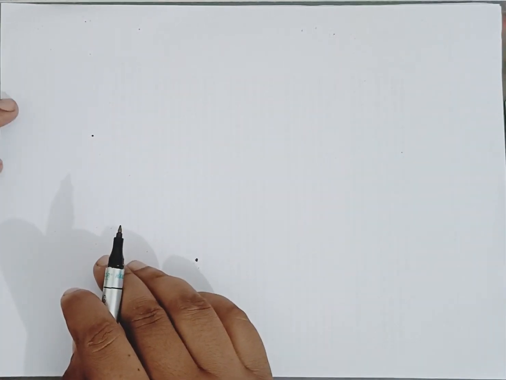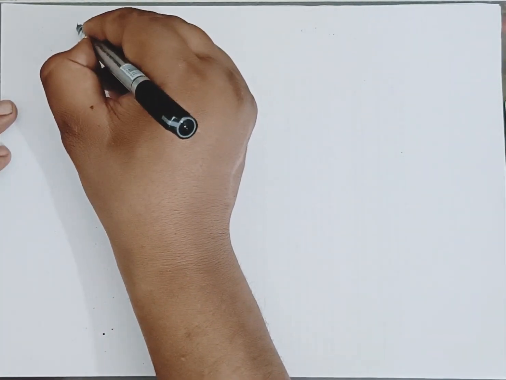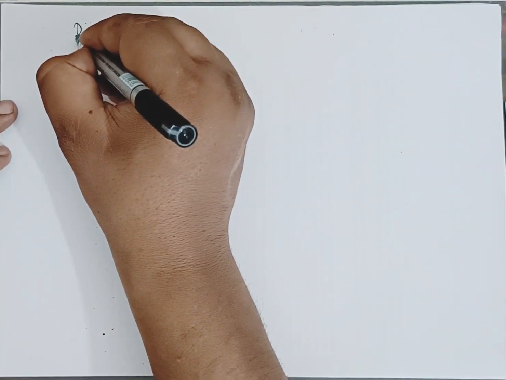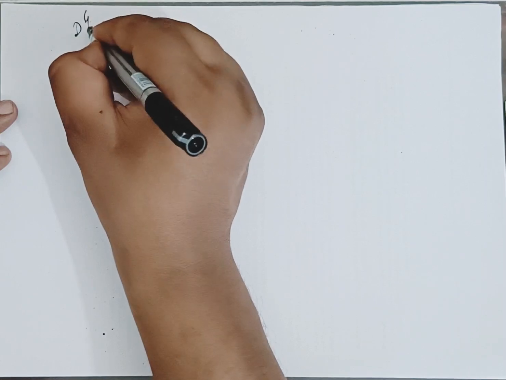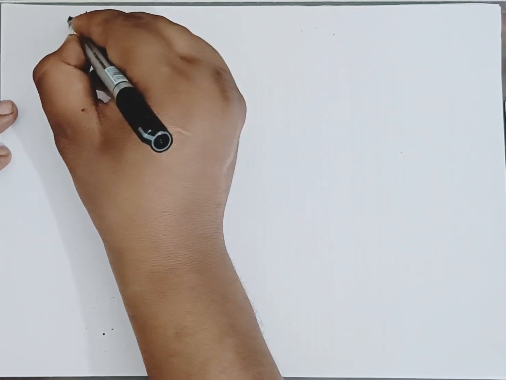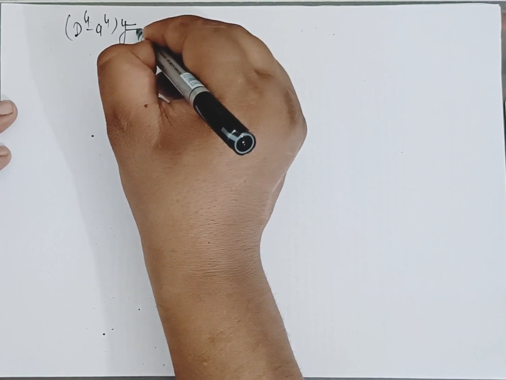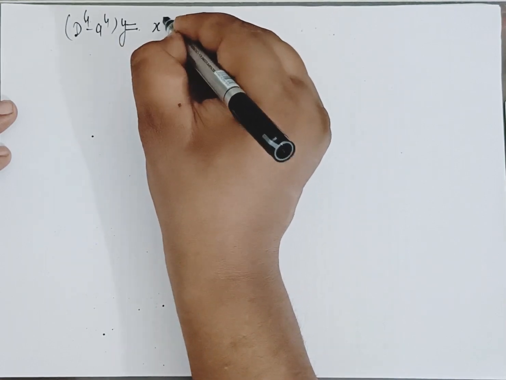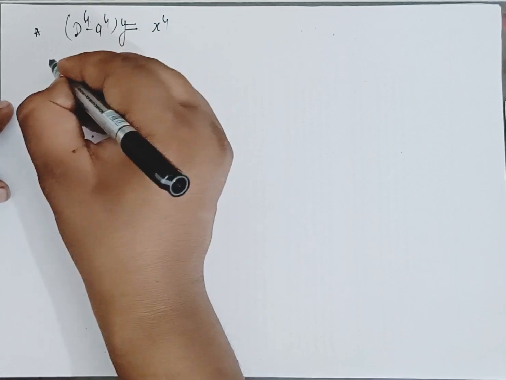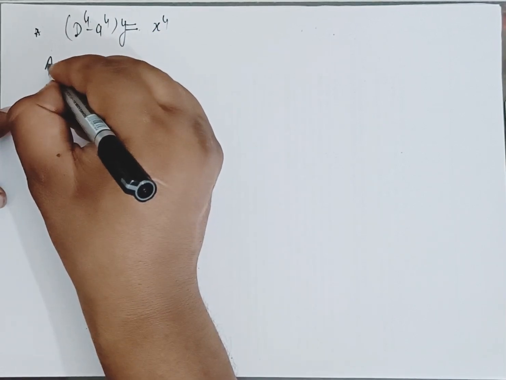Now come on, we need to solve one more question based on the theory. So I would love to solve D to the power 4 minus a to the power 4 y is equal to x to the power 4. Come on, we need to solve this, okay. So obviously first I will find the auxiliary equation.